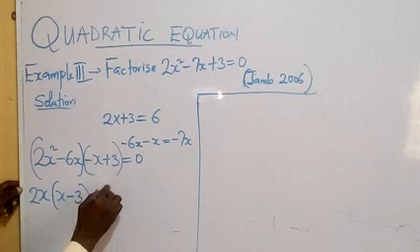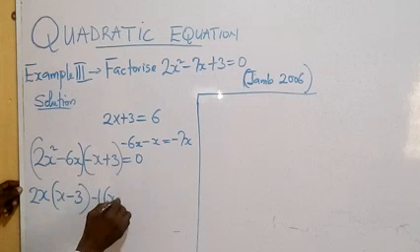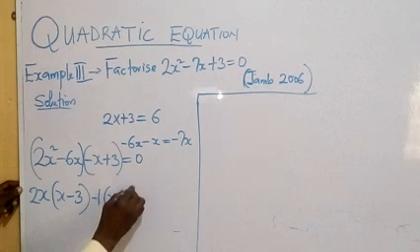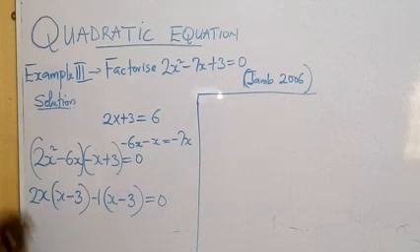Now, you come to this. Minus you can put 1. Minus 1 multiplied by x will give you minus x. Therefore, minus 1 multiplied by minus 3 will give you plus 3, all equals 0.